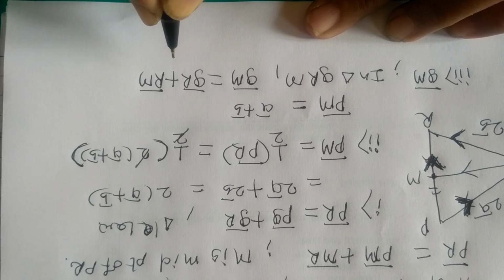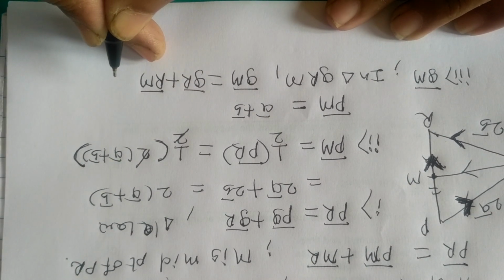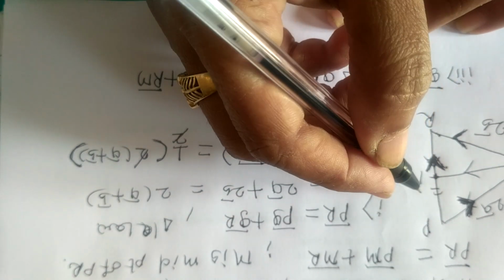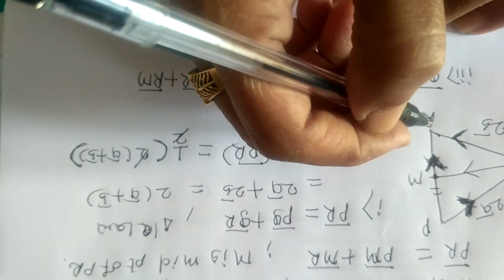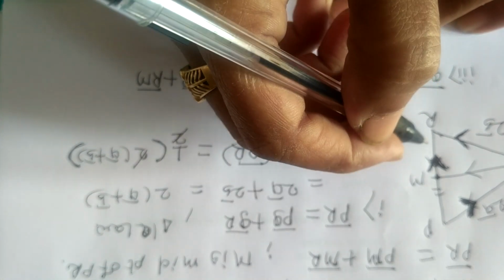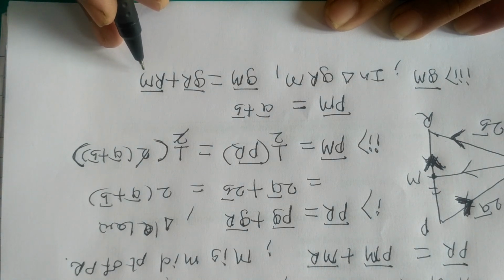Before this we find the value of RM bar. In length, RM bar or MR bar is equal to PM bar, which is half of the segment PR. In the opposite direction, RM bar is nothing but minus MR bar.